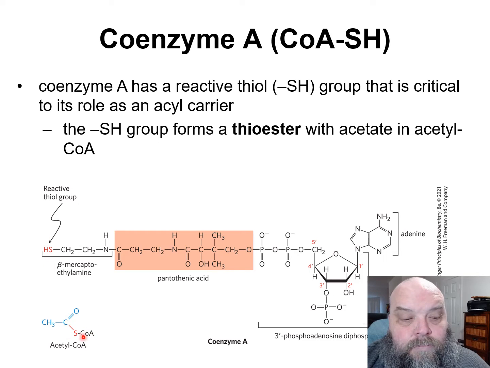This is where our acetyl group, 2 carbons, acetyl, is going to attach, giving us this carbon-sulfur bond, which will end up giving us acetyl-CoA. Now you'll notice this shorthand: instead of always writing out coenzyme A, which is what this entire thing is, they write CoA-SH, referencing this thiol group.